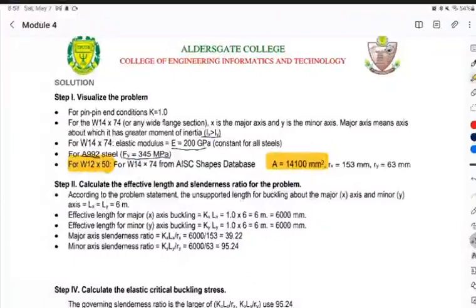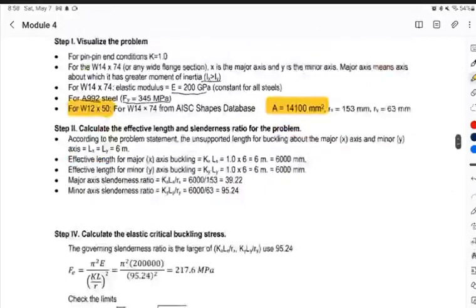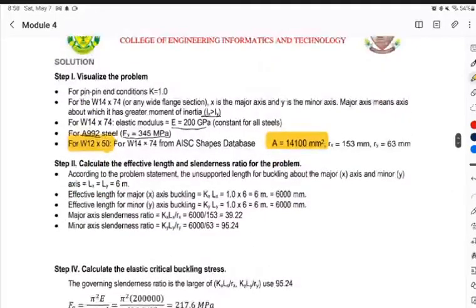So now, we compute the effective length and the slenderness ratio for the problem. So according to the problem statement, the unsupported length for buckling about the major and minor axis, we will have L sub x and L sub y class equal to 6 meters. Bakit, sir?